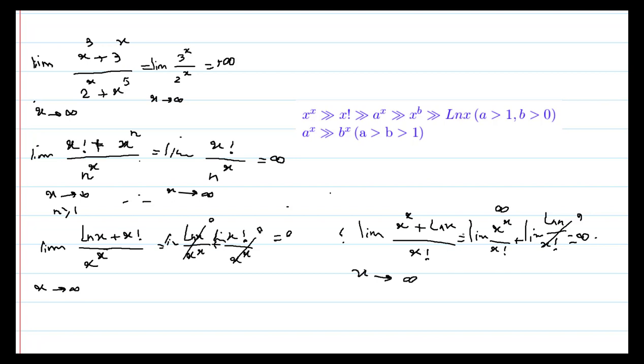Here you see that x^x is stronger than x factorial, so this approaches infinity. And x factorial is more than ln x, so this approaches 0 because we have more infinity in the denominator. Infinity plus 0 is equal to infinity.